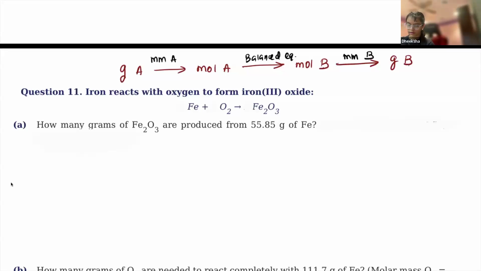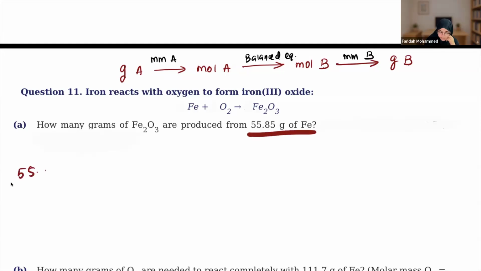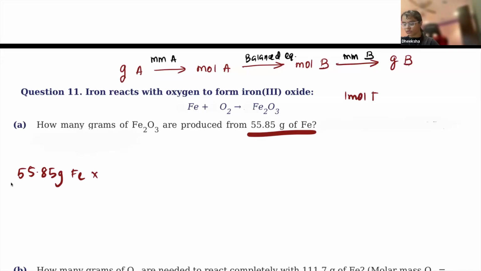So I started by putting the 55.85 grams of Fe first. And then I used the first relationship, which is the molar mass one. Let's write down the relationship, okay? So 1 mole of iron is equal to around 55.85 grams.